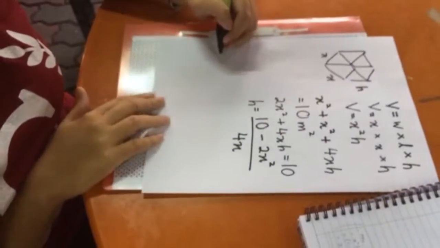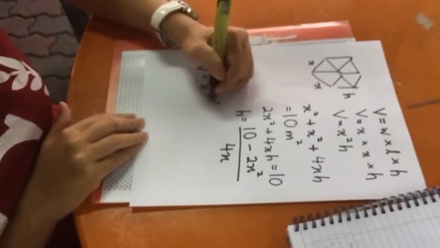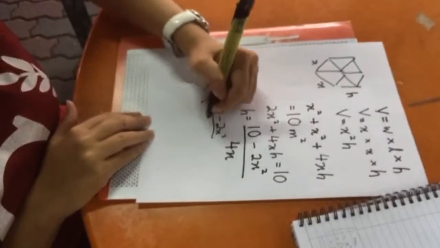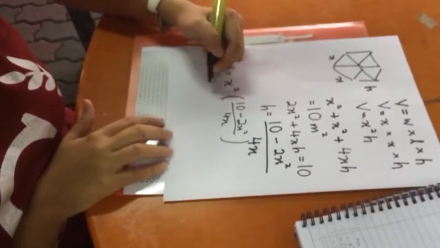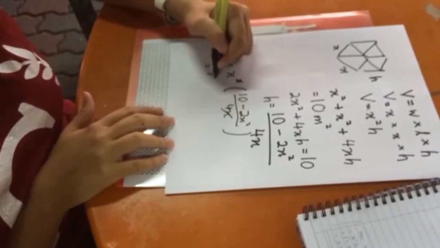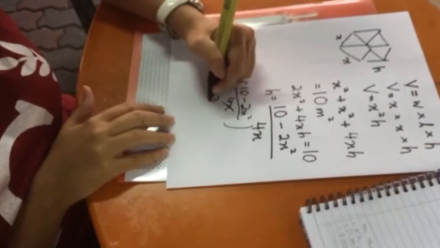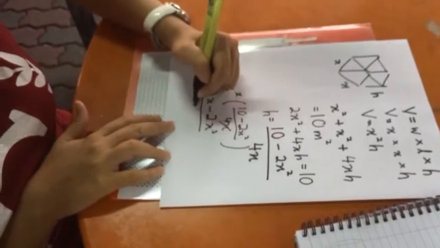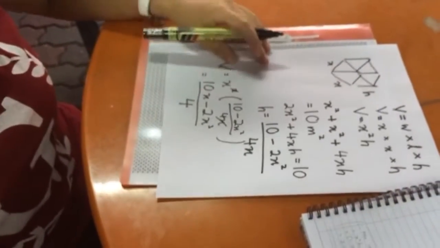So V equals x squared times (10 minus 2x squared) divided by 4x. Just simplify it: (10x minus 2x cubed) divided by 4. This is the simplest form of the volume.